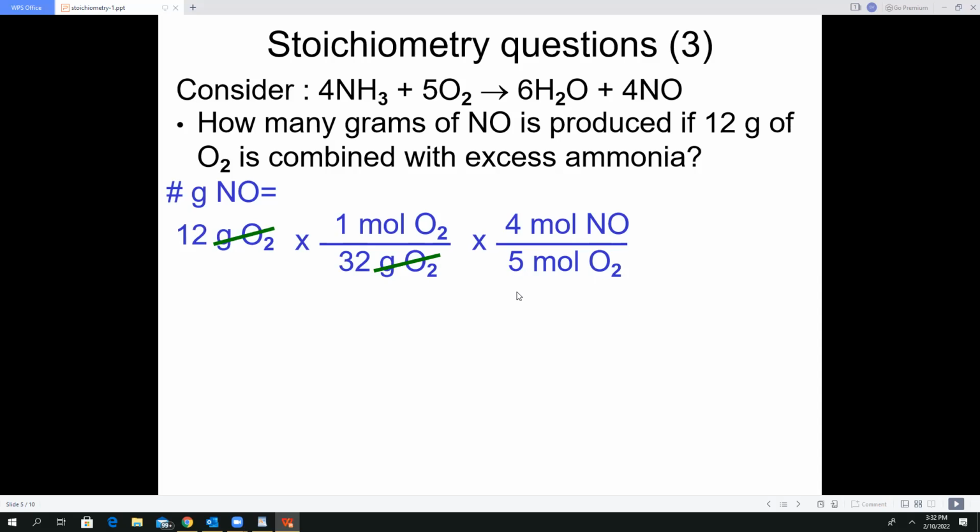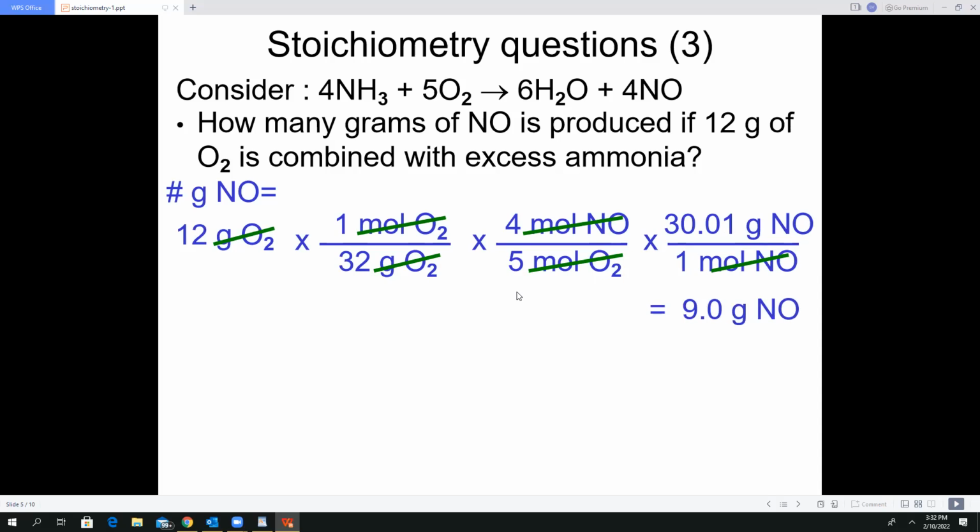And then the last thing is to do the molar mass of NO, which is 14.01 plus 16. And that'll give you 30.01. And as long as the NO can cancel, which it does, the moles, right? And you end up with grams of NO, you've got the right answer. So 12 times 4 times 30.01 divided by 32 times 5. And once you finish, you get this number, 9.0. And you do need 2 sig figs.